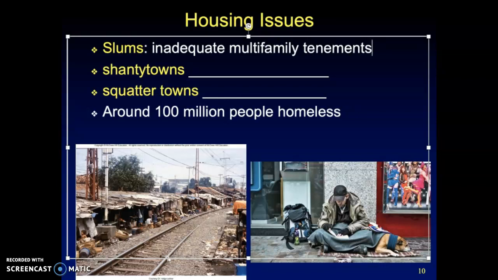Slums are what we consider an inadequate multifamily tenement. Basically a big housing complex where you have a bunch of people living in there and it's just trash. They're run down, they don't have working resources, the plumbing may not be adequate. There are all sorts of problems associated with the physical infrastructure of these buildings, but people are still living in them.